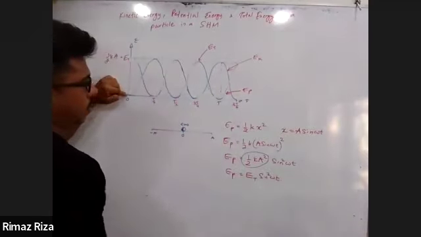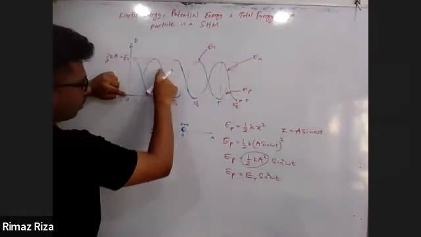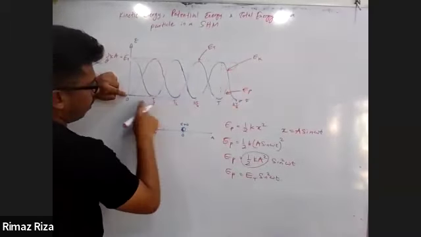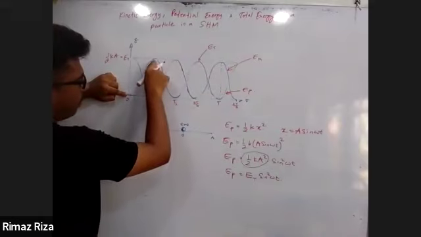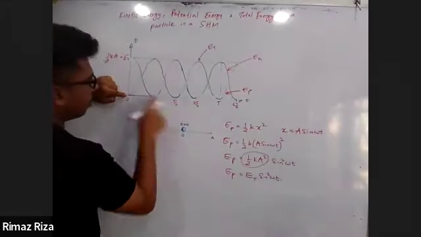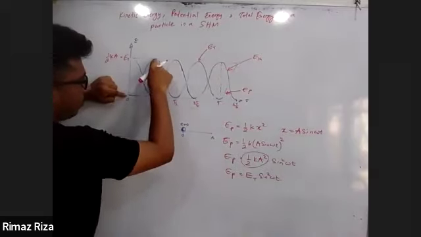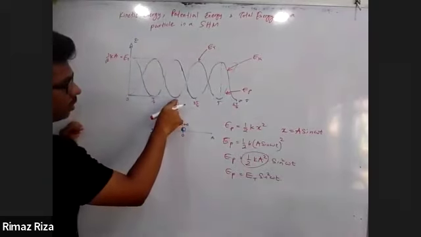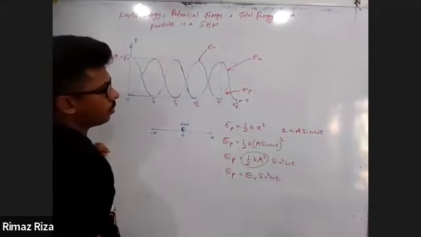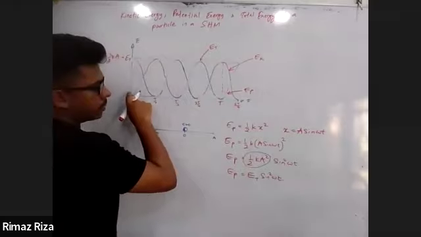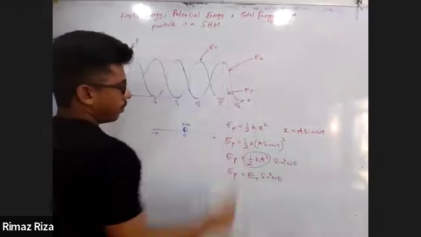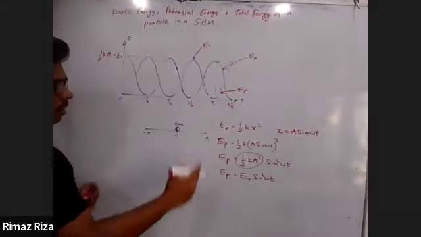Here, half the period means the particle goes from 0 to the amplitude, and then another half a period, and then the complete period. So within a period, the potential energy varies like this. And then the kinetic energy.